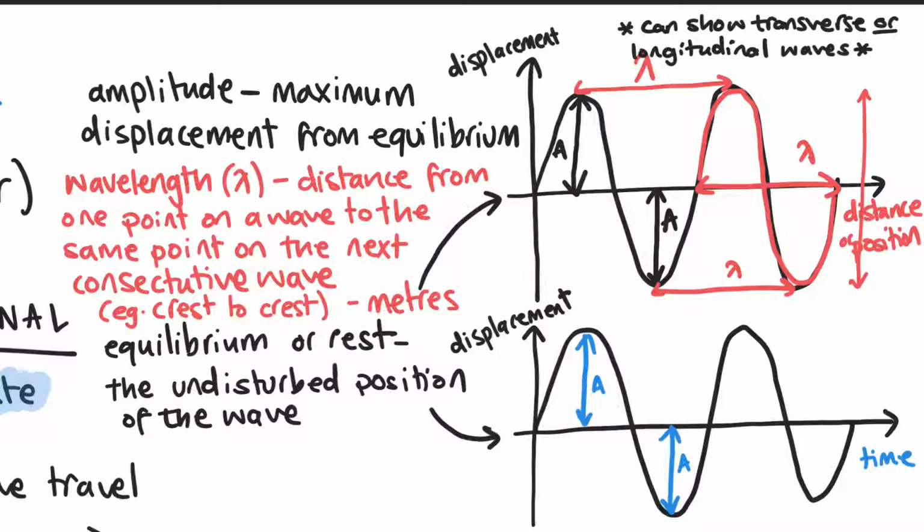But the other thing that we could work out is the time that it takes for one complete wave. So for example, if we started off at a crest of a wave and then we read from the graph how long it took for the next crest to occur, well then that would tell us the time period of the wave, and we use the symbol capital T for the time period. That is the time then for one complete wave.